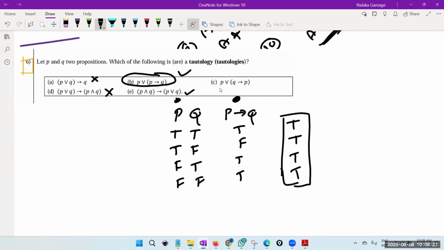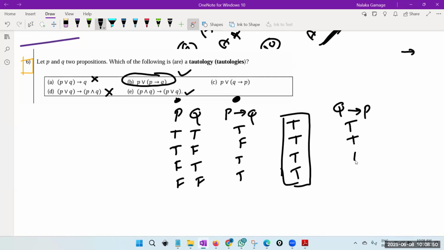Okay. So this next one is Q implies P. Q implies P is not P implies Q, so I need to come up with Q implies P now. When we have this left-right method: Q implies P is true, true, false, true.